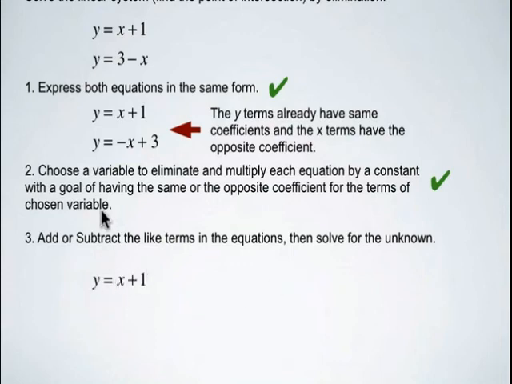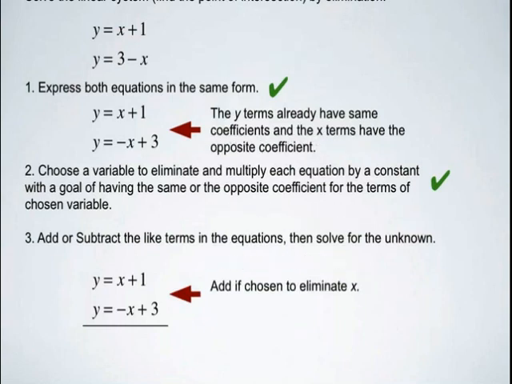So here the first equation is y equals x plus 1. The second one is y equals negative x plus 3. We're going to either add or subtract, and what we're going to do here is add, because we're going to choose to eliminate x. It's often easiest to add equations as opposed to subtracting them, and that's always a good hint if you've got the choice.